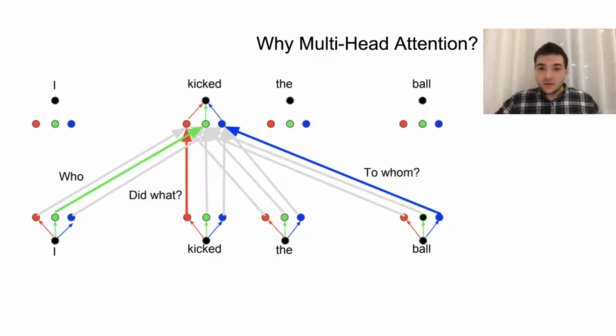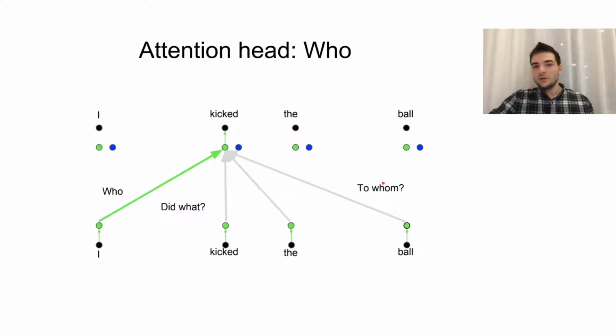And just in case, here is the visualization for multi-head attention. So different colors represent different questions. For example, "I kicked the ball." Who kicked? I. Did what? Kicked. Did to whom? To the ball, or kicked what? The ball. So attention head 1 is about who.